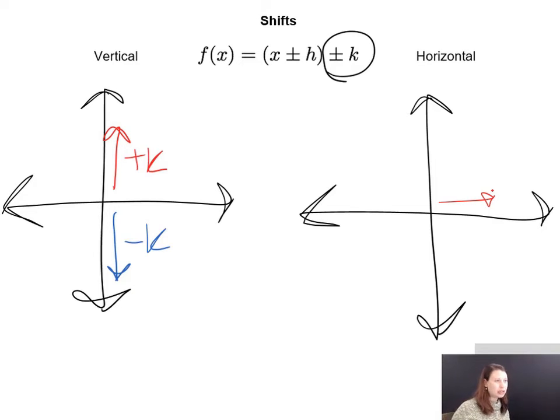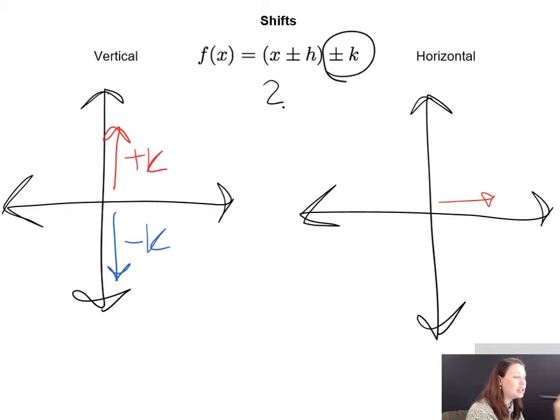So basically think it moves h in the opposite way because it's with x. Another way of thinking about it is, if we plug in x, to get the same x value there, we have to change x by h amount. That's a little confusing to think about, so let's write that down for a second.